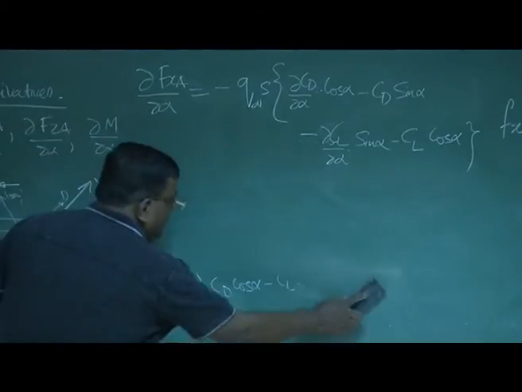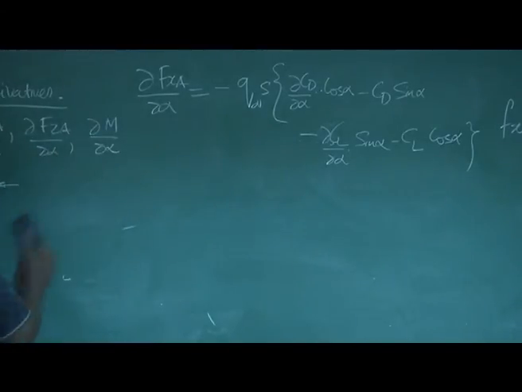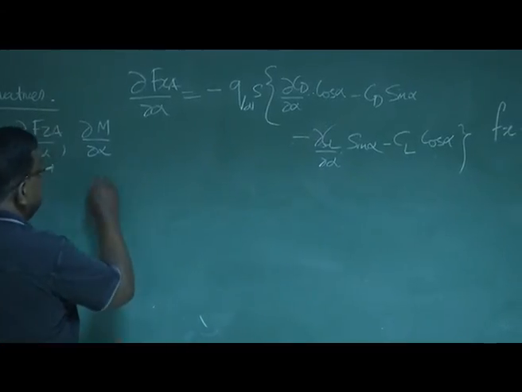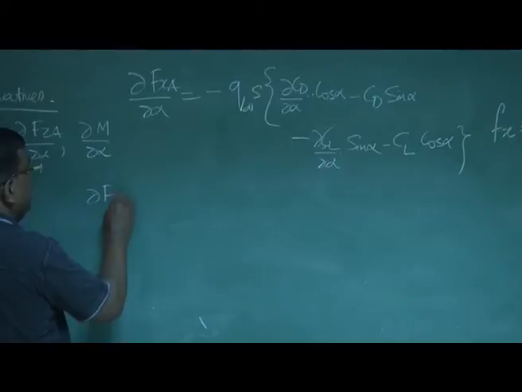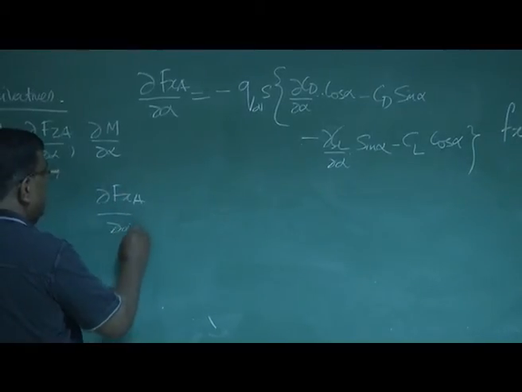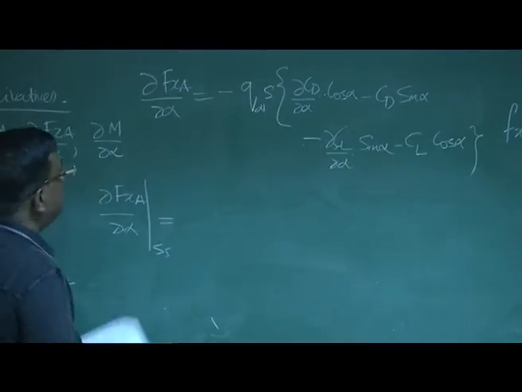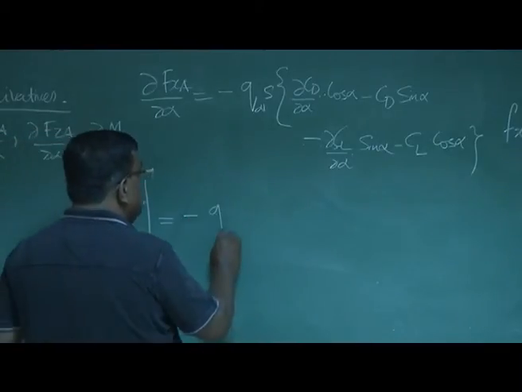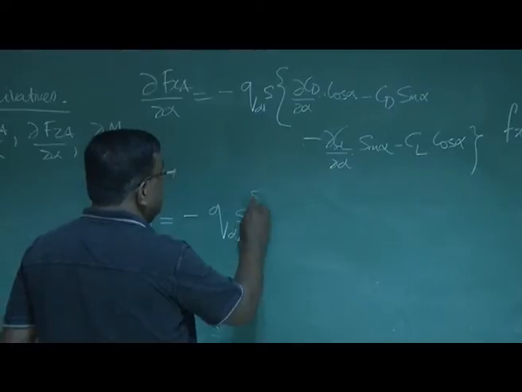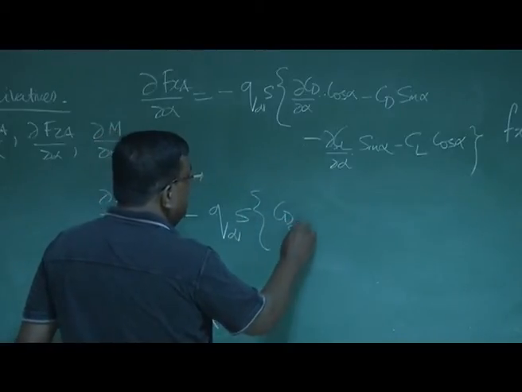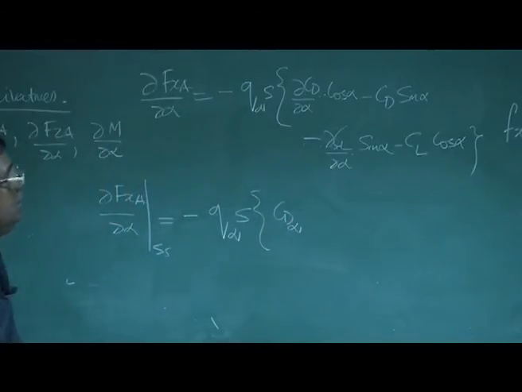So I have to calculate dfxa by d alpha at steady state. That will be minus q infinity S, I write CD alpha at steady state. What is this alpha?